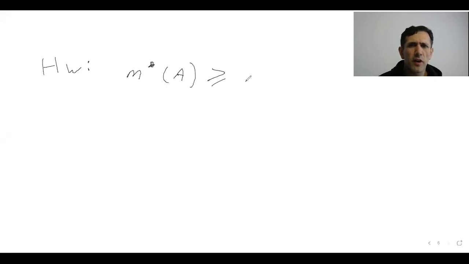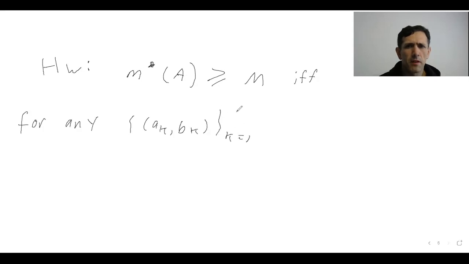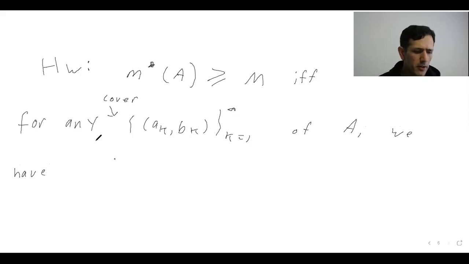So we have outer measure of A is bigger or equal to M for any positive real number M, if and only if for any countable cover of A by intervals, well, we have that the sum of the lengths is bigger or equal to M. Okay.